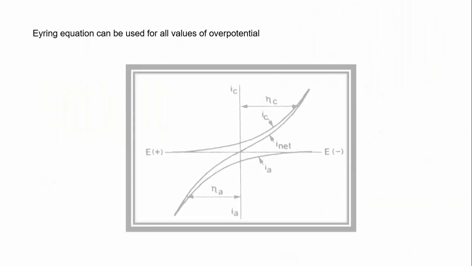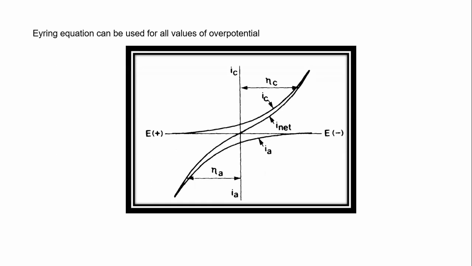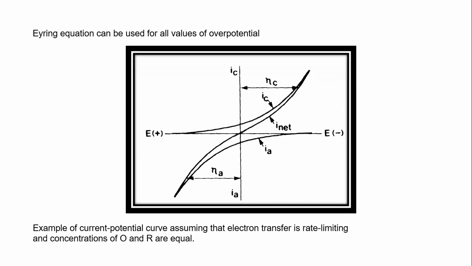The Eyring equation, as you know, incorporates all the effects and all the values of the overpotential, larger and smaller. If we consider that and we plot, we get a very interesting plot over here. This is a current potential curve, and we have included positive potentials, then negative potentials, and then we have the cathodic current and the anodic current.